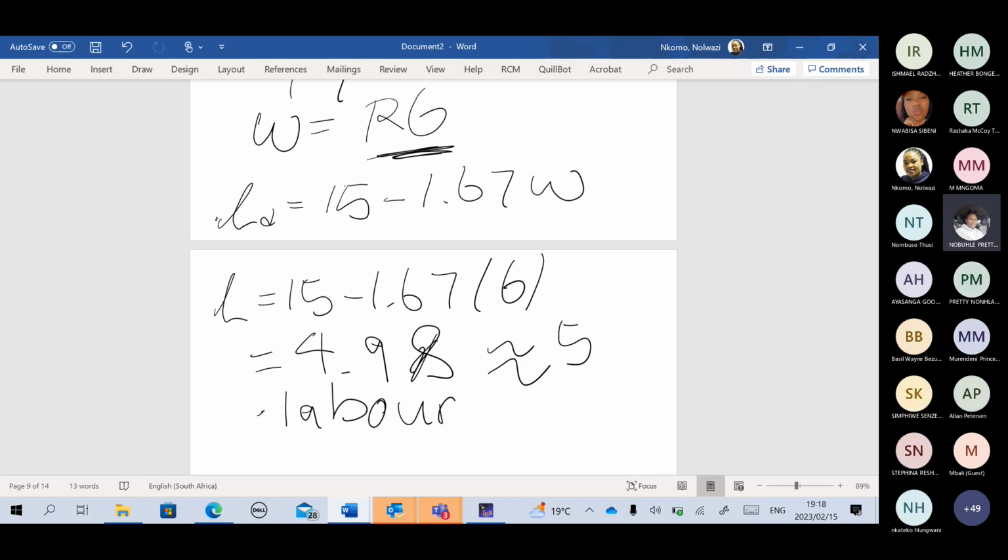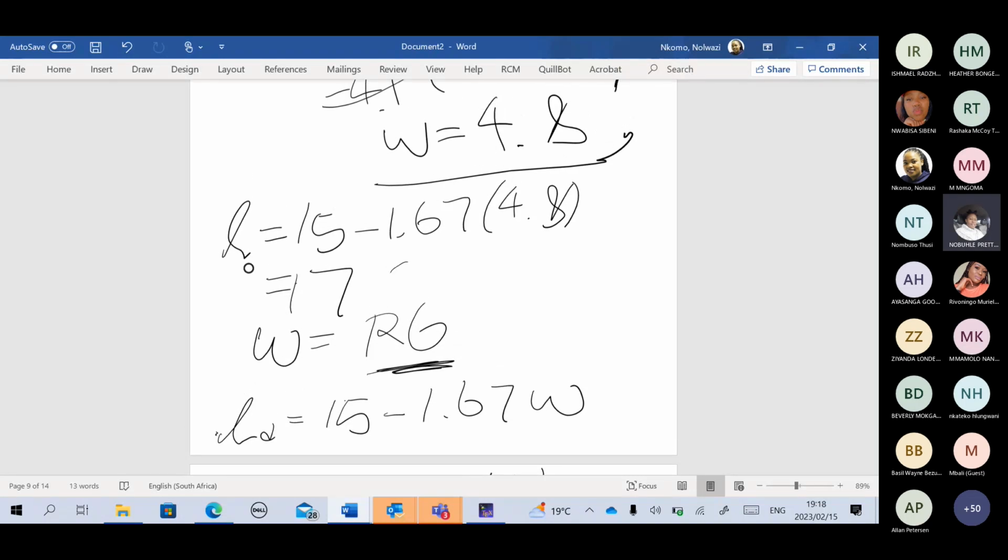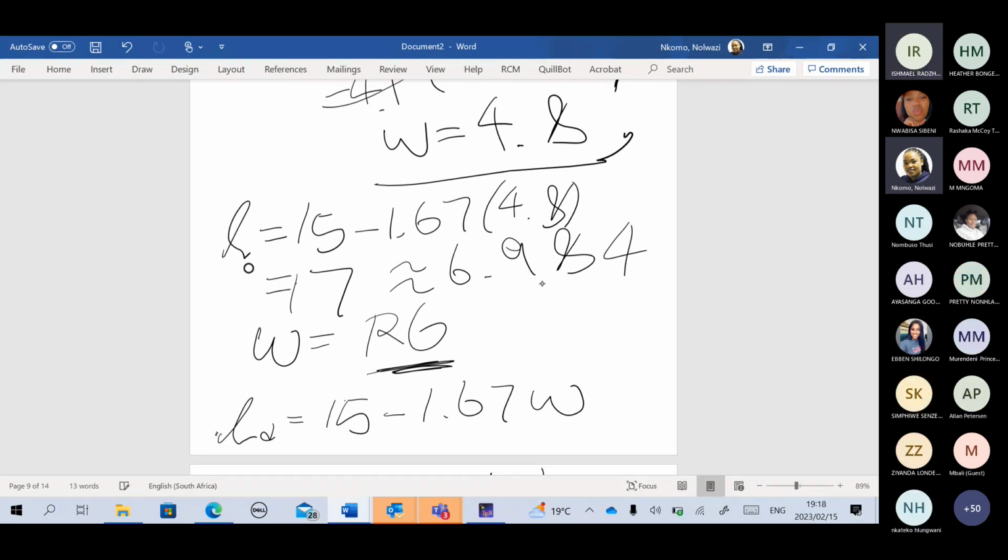I said it's 7. Oh, okay. I thought you calculated and got a different number. No, I got 6.98, it's confusing. 6.984. If you round off this to the nearest integer, you'll get 7. Oh, I thought you wrote 17 there. No, I wrote 7. Oh, okay. Thank you.